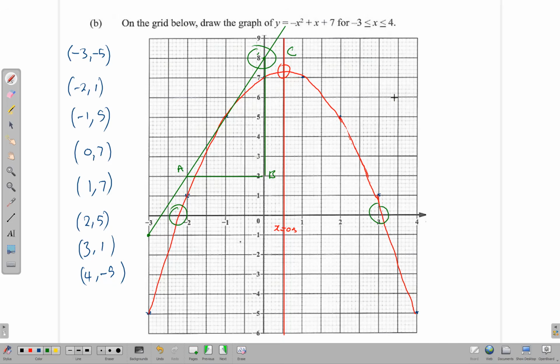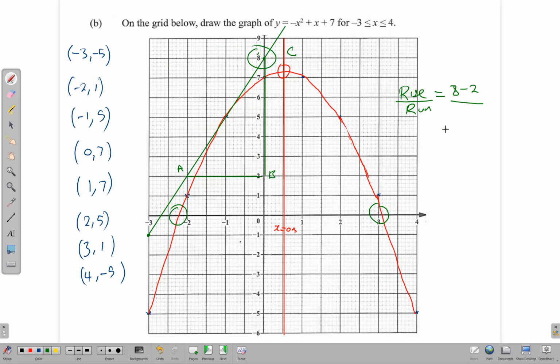From that, we're going to use the rise over run method. Rise over run to calculate the gradient. It's usually easier when you have the graph. The rise starts from 2 to 8, so it's 8 take away 2. It starts from 2, goes up to 8, and the run starts from here and stops here at 0.